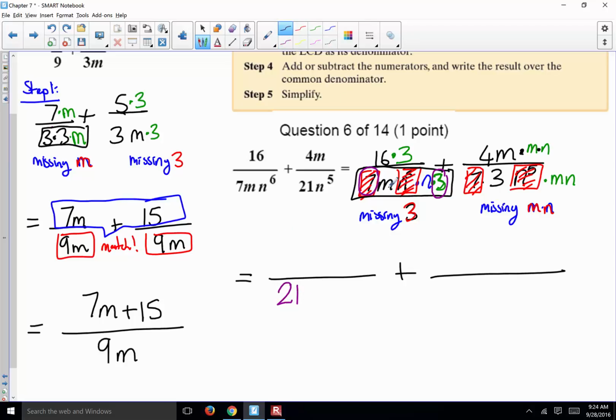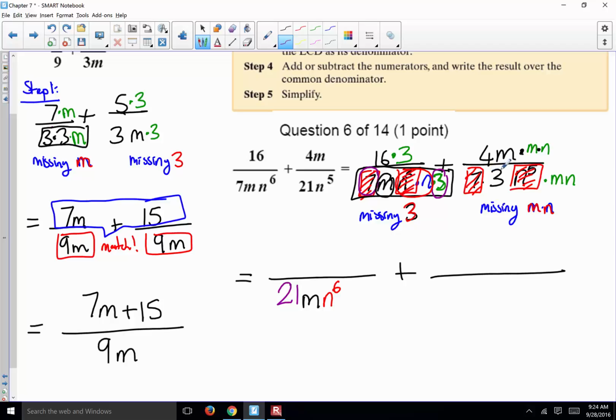We have only a single m and nothing new comes to it, so it's m. How many n's do you have? 5, one more, 6 n's. And that's it, right? 21 m n to the 6.